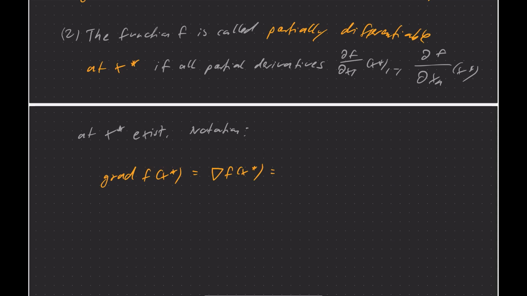And that is simply the vector that consists of all these partial derivatives from 1 to n.